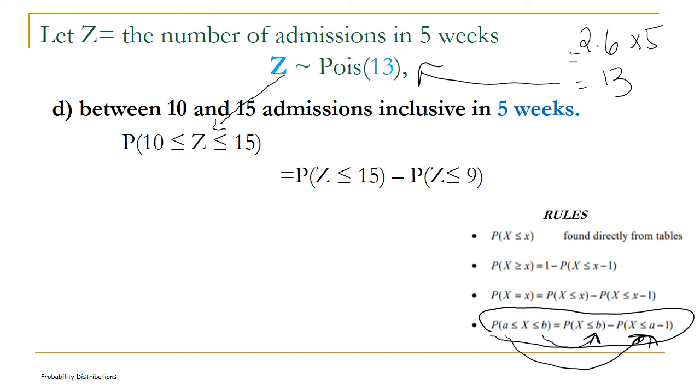Now I need to see the value of 15 and 9 in my Poisson distribution table, but for the mean rate 13. So I get these as my numbers over here. I'll just make it clear. There you go. And then we have our final answer, which is 0.5976, and that's our final answer.